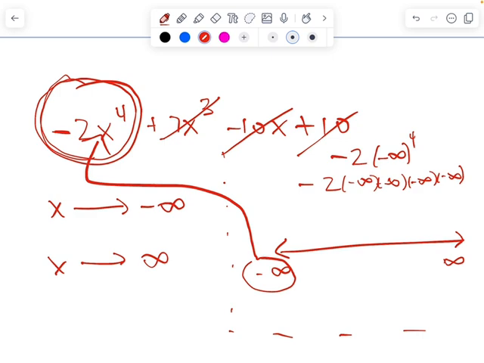A negative and a negative will make a positive, and a negative and a negative will make a positive, but we still have that minus sign in front of it. So this means as x approaches negative infinity, the y value also approaches negative infinity. And so it's going to go down like that. Same thing if we, let me erase this.